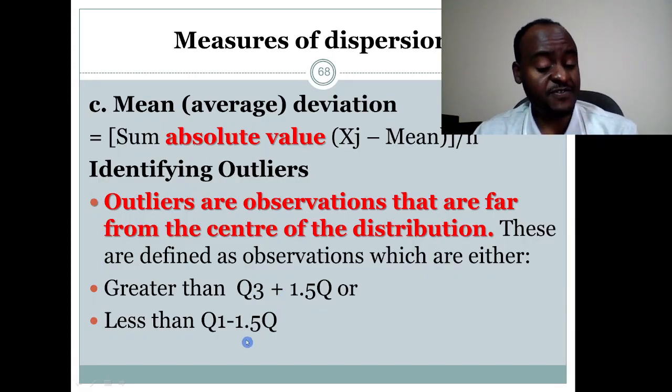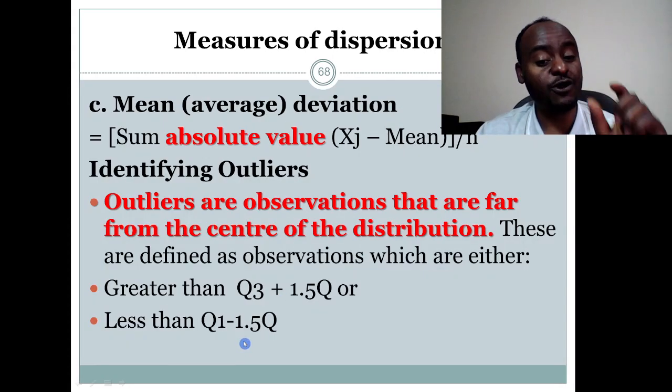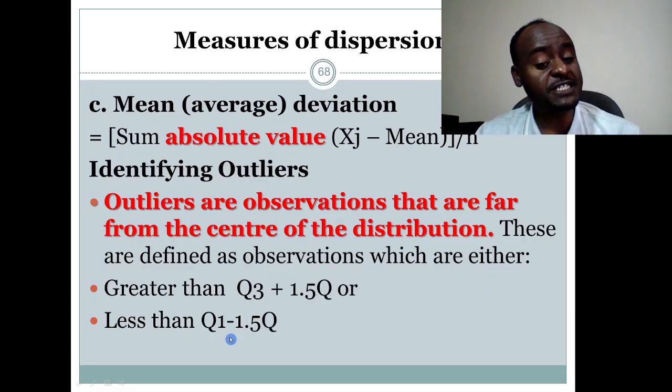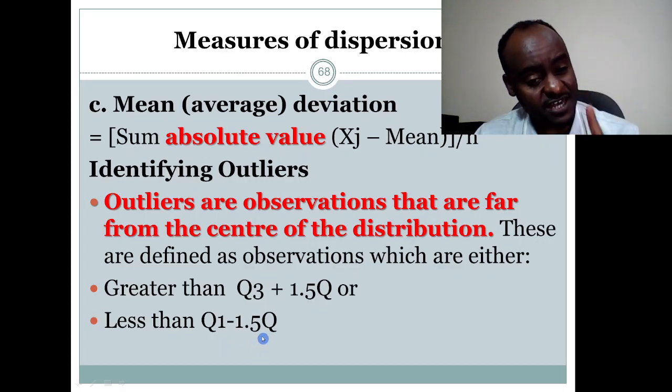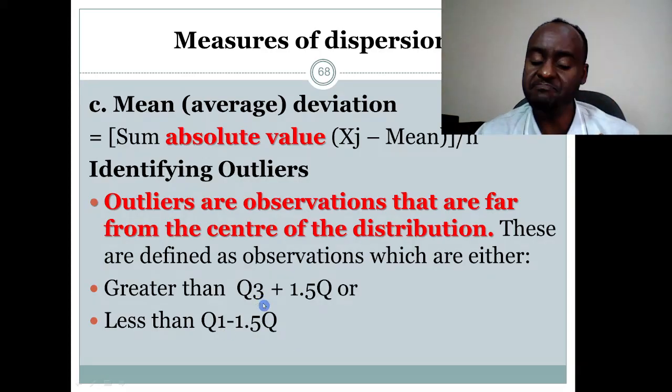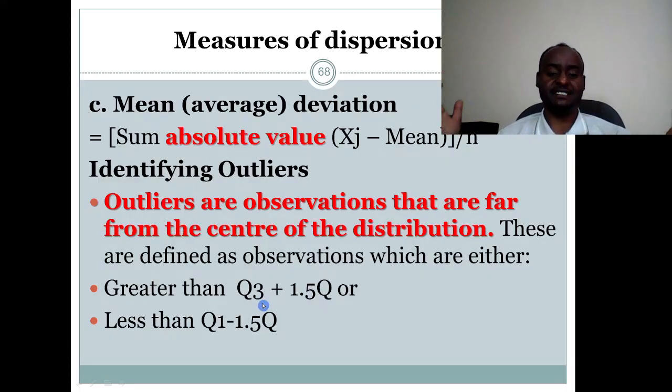Or if there is any data point which is less than Q1, quartile number 1, minus 1.5 times the interquartile range. If there is any value which is less than this point or above this point, that is an outlier. So this is the way we can find an outlier.